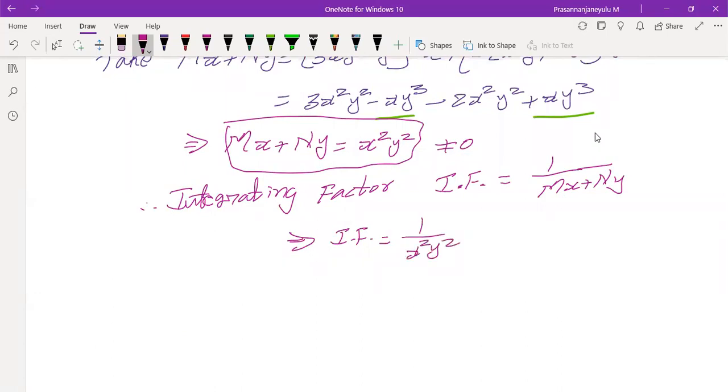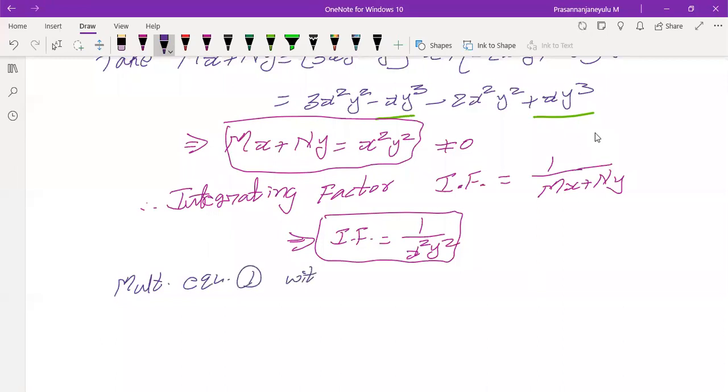So what is the next step in our procedure? According to our procedure, after finding the integrating factor, what do we have to do? Multiply equation 1 with the I.F. on both sides, the integrating factor on both sides. Then if we multiply with the integrating factor on both sides, what is the given equation?